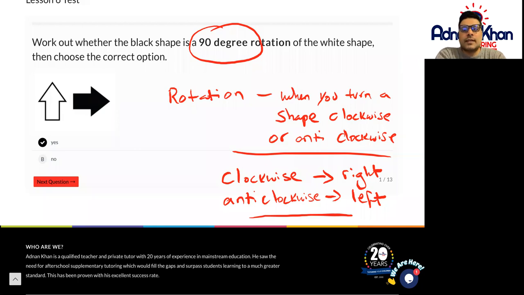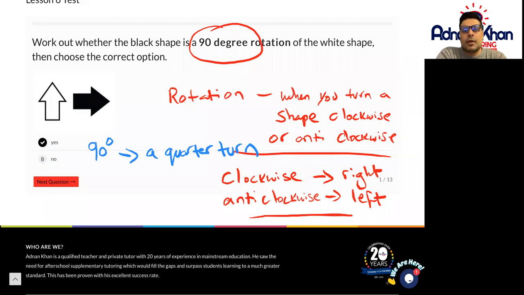So what's 90 degrees? So let's just write this down. So 90 degrees means a quarter turn. Okay, a quarter turn.